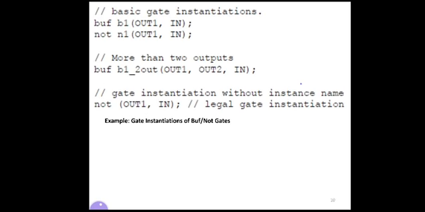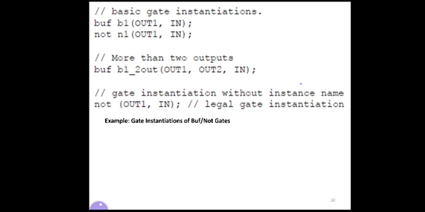Example for the instantiation: if you take out1 as the output terminal and in as the input, then buff is the predefined primitive, b1 is the instance name, followed by output and input, that is out1 and in.